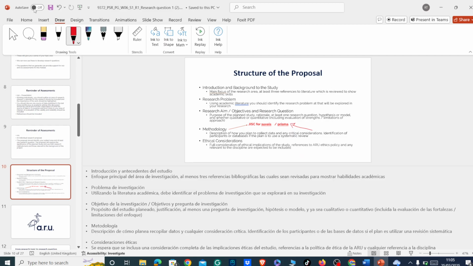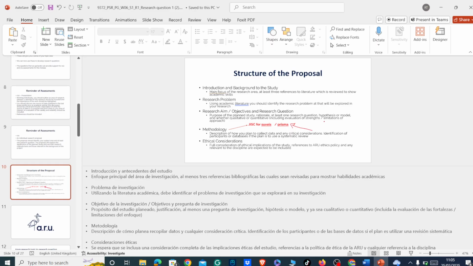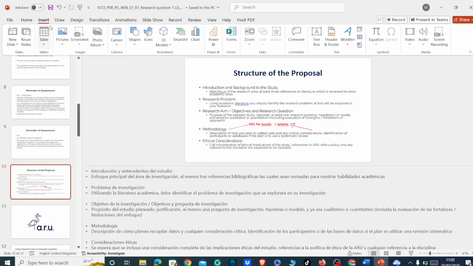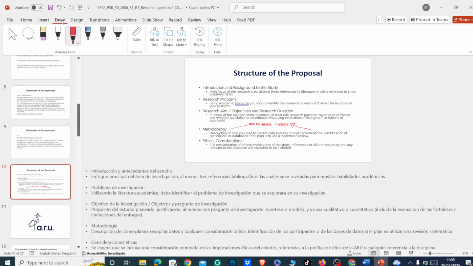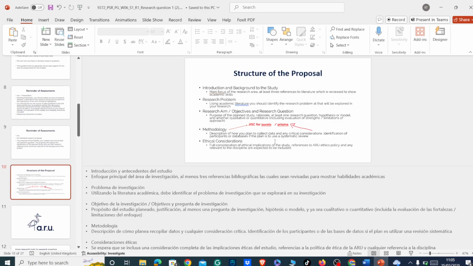You also, remember, must include something about ethics in there. Now you might think it's a systematic review, I'm using all secondary data, I'm never speaking to an individual, there are no ethical issues. So you need to explain why.